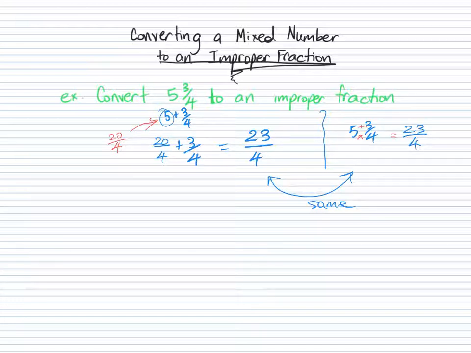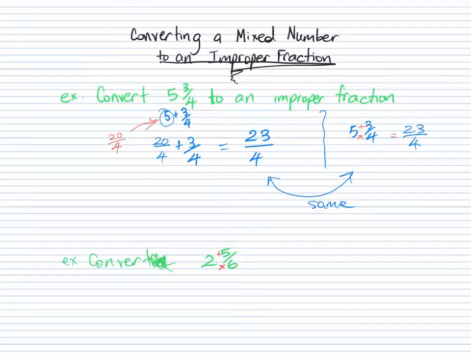All right, so if we were converting, for example, 2 and 5/6 to an improper fraction, you could just multiply those 2 things and then add that.